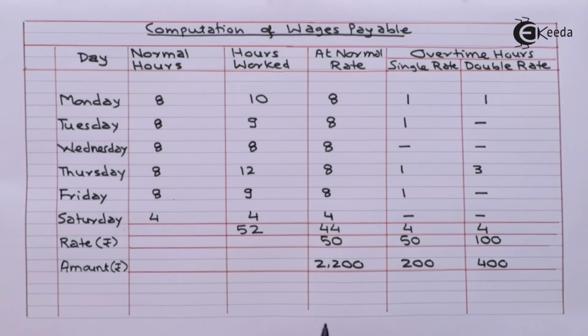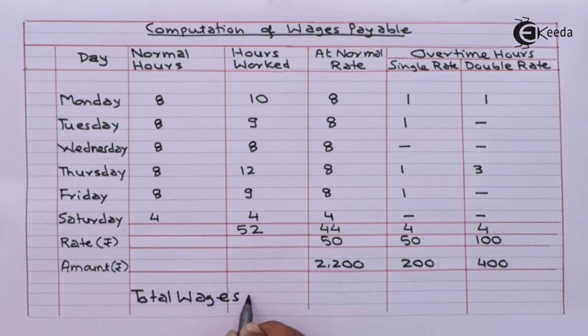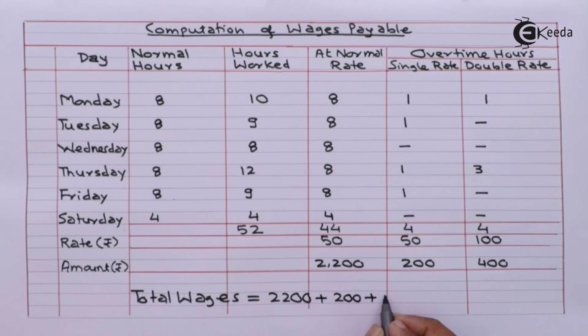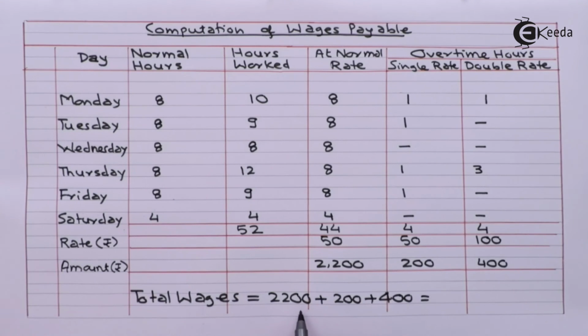So at normal rate, it is 2200, single rate 200, and at double rate, it is rupees 400. For calculation of total wages, we are required to add all these three amounts. 2,200 plus 200 plus 400. So it is rupees 2,800.